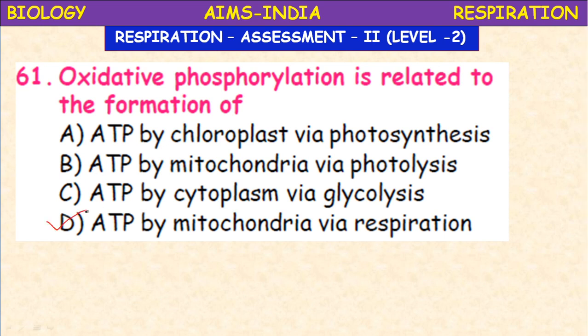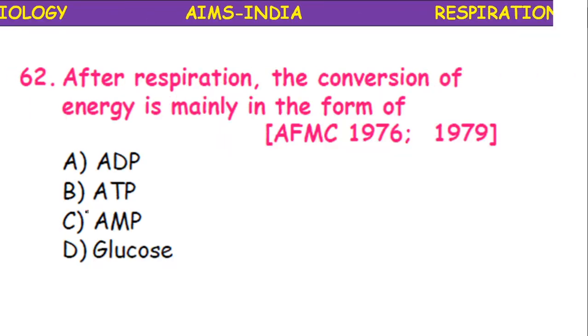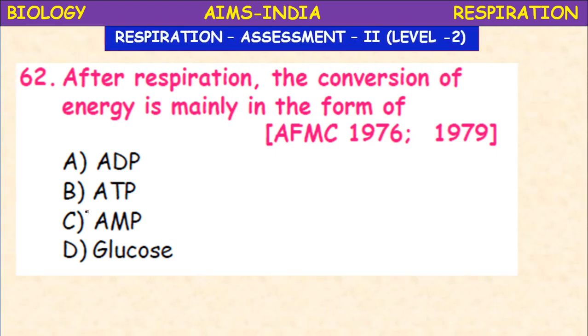The ATP by mitochondria via respiration, that is addition of high energy phosphate to ADP in the presence of oxygen gives rise to ATP, that is called oxidative phosphorylation. It takes place in the electron transport system, that is in the mitochondria, the last step, ETS, electron transport system.